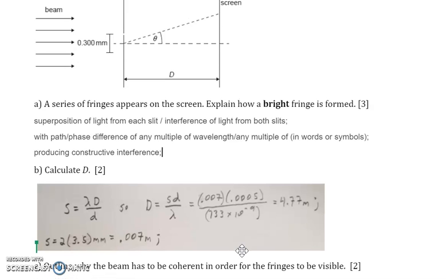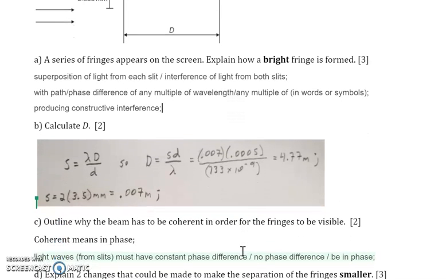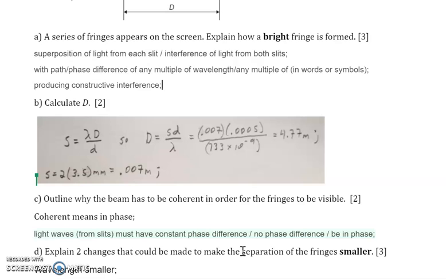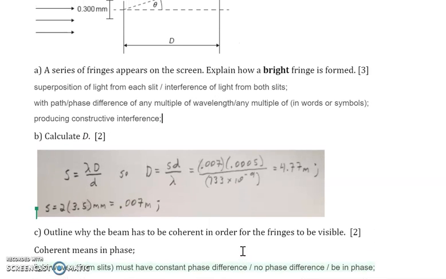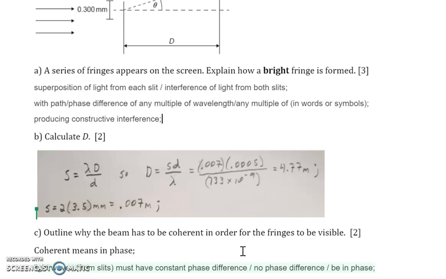Finally, outline why the beam had to be coherent. There were 2 points. One point was simply to have the idea of coherence. Ian helped us out with that. That simply means that there's a phase relationship, that they're all in phase. It means that they're coherent.